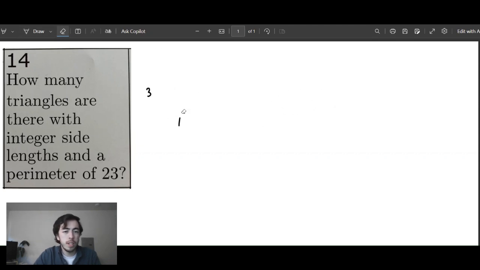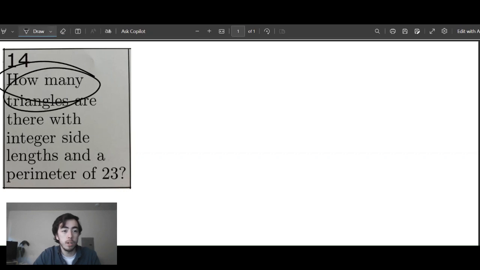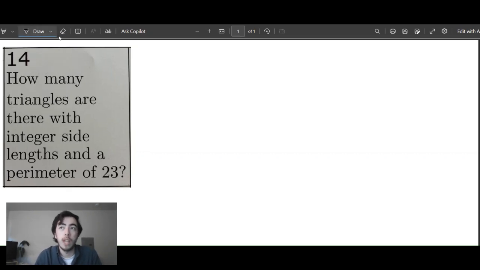Another thing that we're doing today is basically a counting problem. We're just counting how many triangles work. And usually for counting problems, you should count methodically or have some kind of system in place, some kind of plan. Because I could just start in the middle, right?